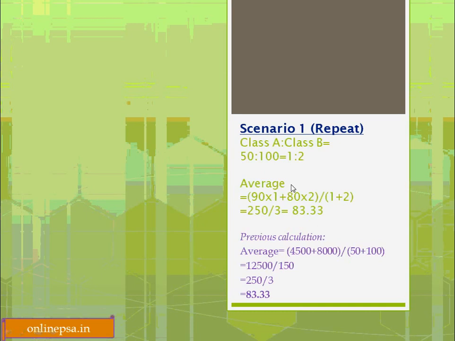Now average will be 90 multiplied by 1 plus 80 multiplied by 2. 1 and 2 are the weights here. Divided by total weights, which is 1 plus 2, that is 3. And this gives us a value 83.33. And below you can see the previous calculation we did in scenario 1, which also gives us 83.33. That shows us that even if we don't work with absolute values and we have just a ratio given in the question, we should be able to calculate the average.